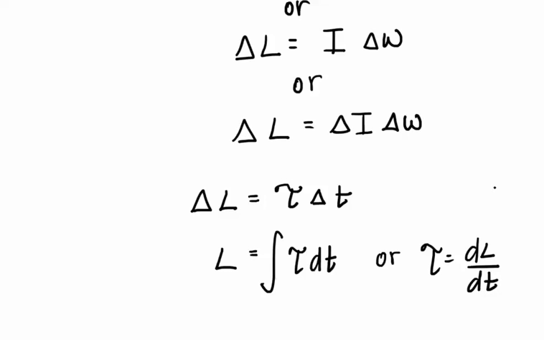The derivative of the angular momentum with respect to time. So everything you can do with linear quantities, you can also translate as an analogy for rotational motion. A lot of this stuff is the same stuff we've covered before with linear motion, but now we're going to put a spin on it. Ba-dum.